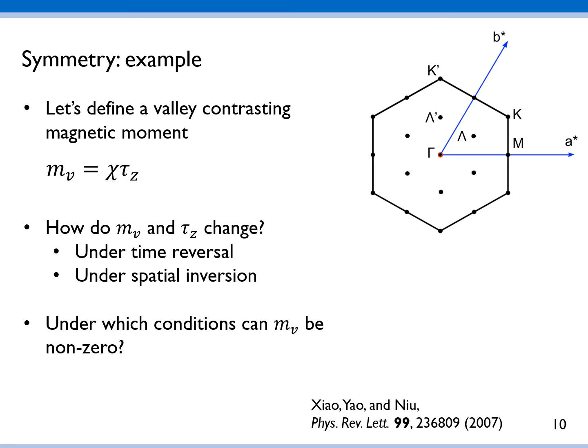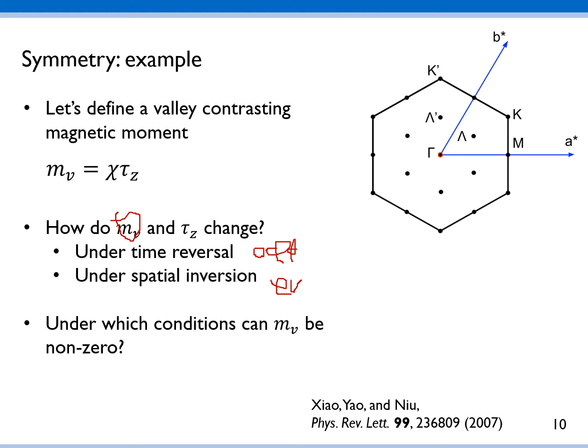Now, for our symmetry considerations, let's look at how M sub V changes under time reversal. We know that a magnetic moment under time reversal will always be odd. However, under spatial inversion, it will be even.